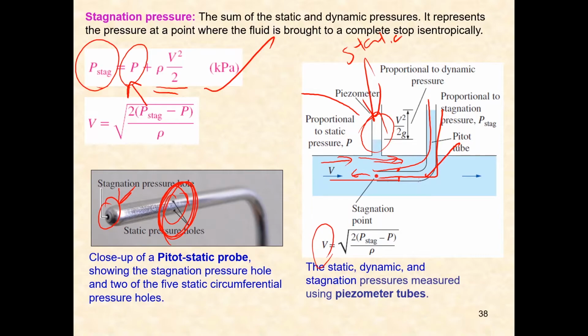The static one only captures P. So from there, you know what P is, and you know P stagnation because P stagnation is the summation of these two terms, and then you can find what V squared is. Then just rearrange it into these terms, and you can find the velocity by using the stagnation pressure.